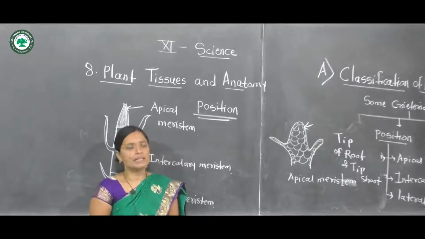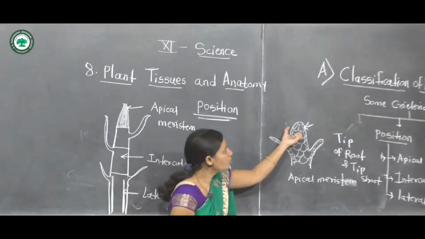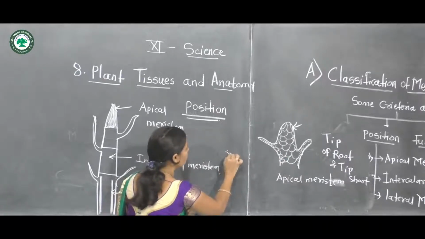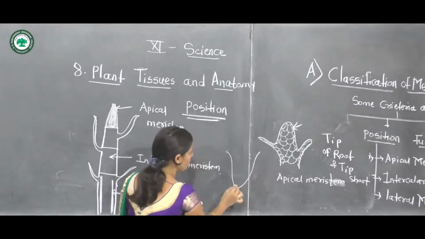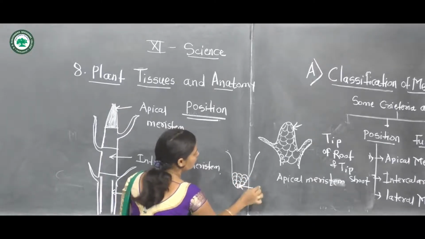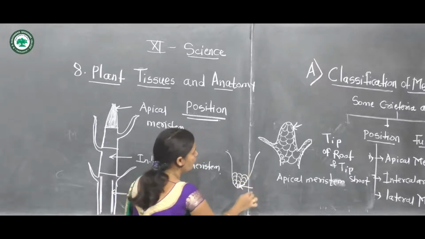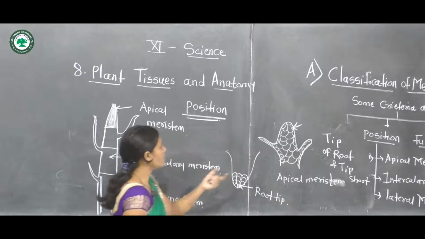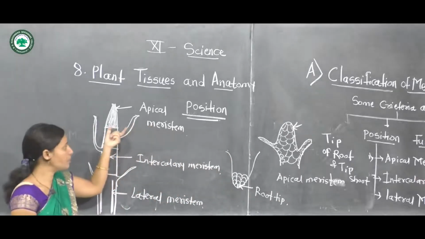The structure of the shoot tip is one position, and the root tip is another. In the root tips, the apical meristem is found. This first tissue is the apical meristem.